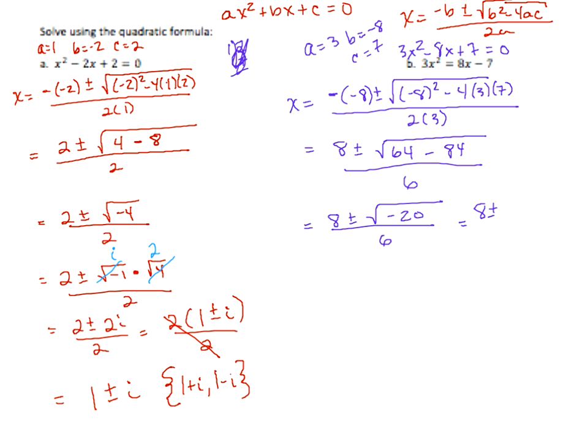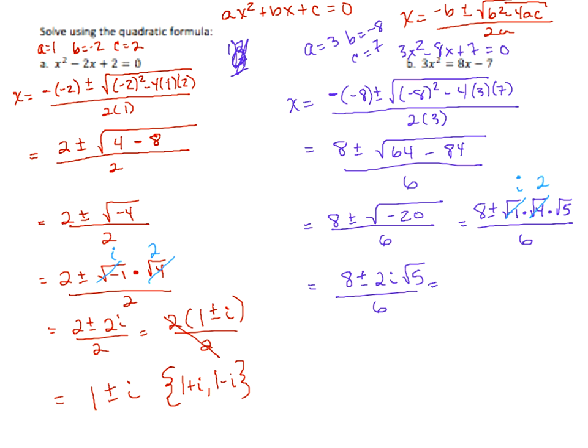This is 8 plus or minus the square root of -1 times the square root of 4 times the square root of 5 over 6. I can come back and take the square root of -1 and get i. Square root of 4 is 2. So here's where I am so far. 8 plus or minus 2i square root 5 over 6.